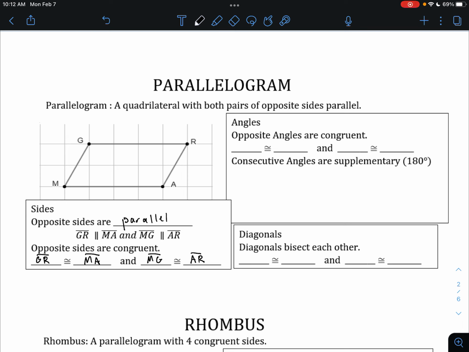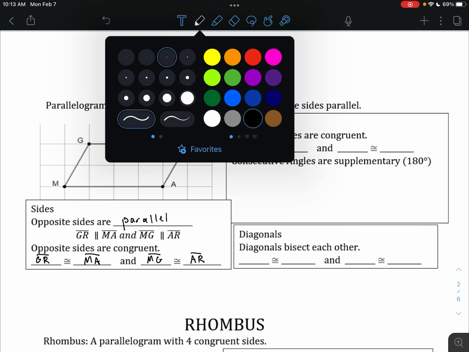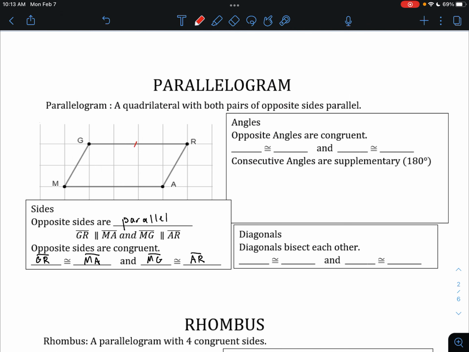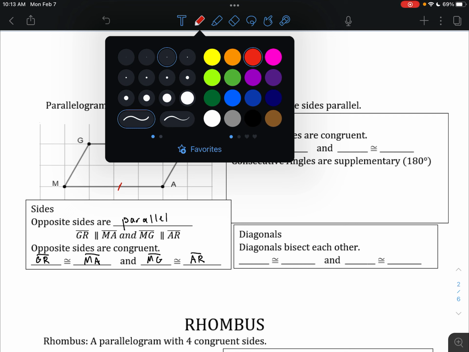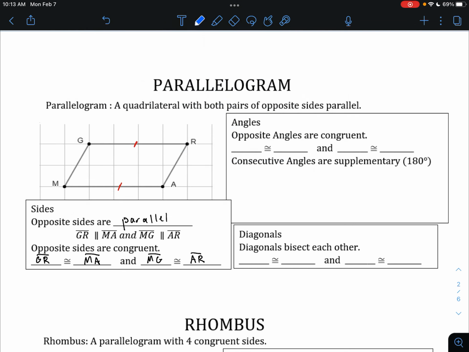That means they're the same. So if GR is 10, MA is 10. If GM is 3, RA is 3. So I'm going to go ahead and put in those markings on my diagram. I'm using different colors. You don't have to if you have extra colors, though. It does help out a little bit, but that's totally up to you.